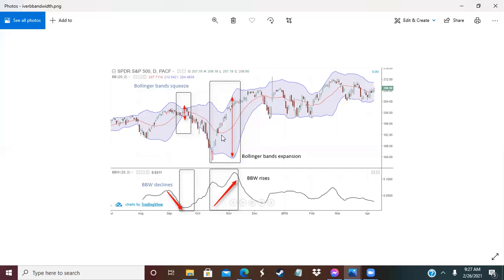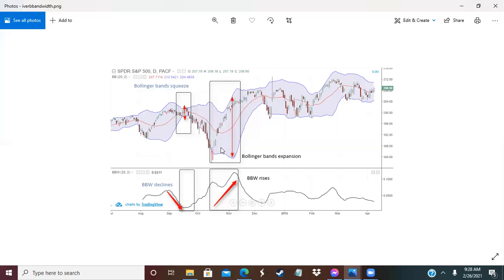On the opposite side of that, if the bands are far apart from one another, then that is a signal of volatility in the market. That just lets you know that there's a lot of volatility right now. The prices are having huge swings. I don't really have a strategy for utilizing that, but that lets you know what you're looking at.